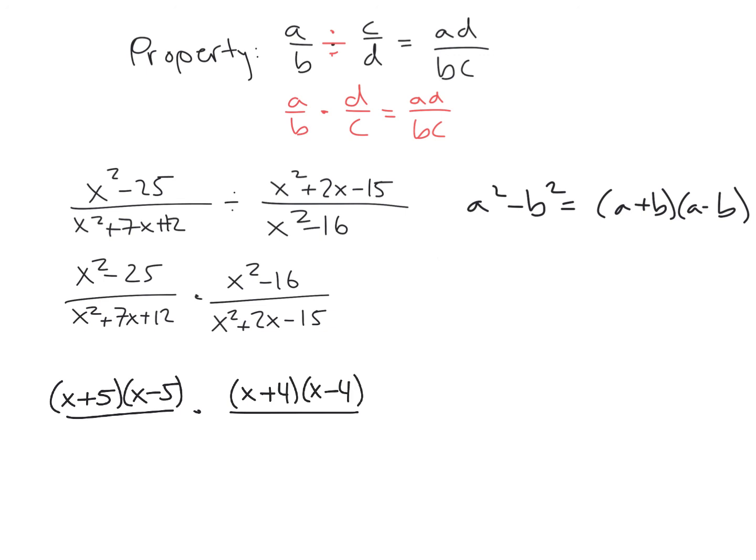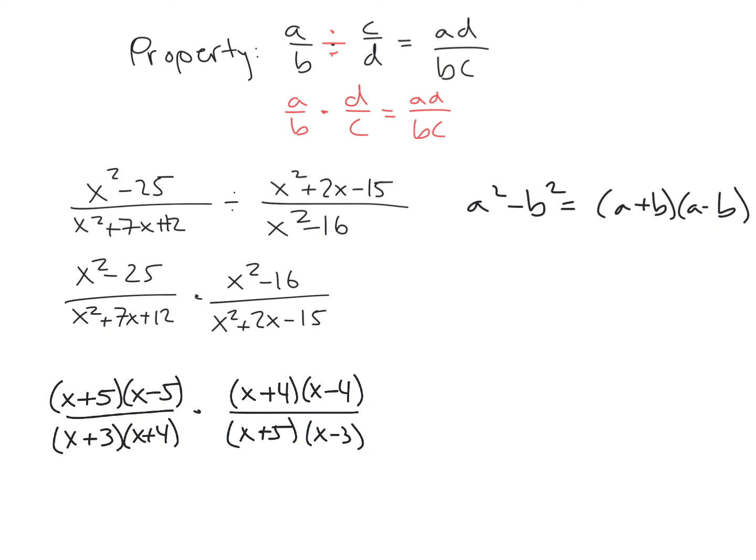Now if you did the AC method on the denominator, you would end up with x plus 3, x plus 4, and then the AC method for the second denominator would be x plus 5 and x minus 3. And then there you go.